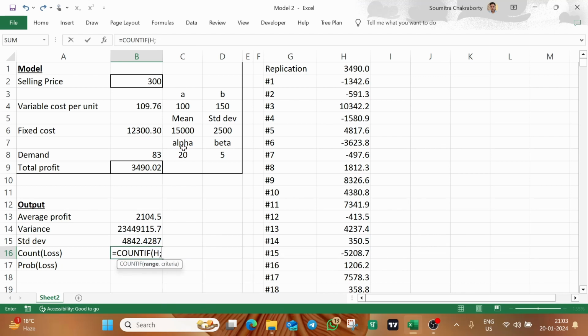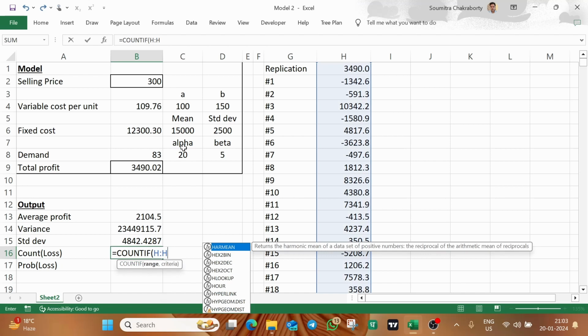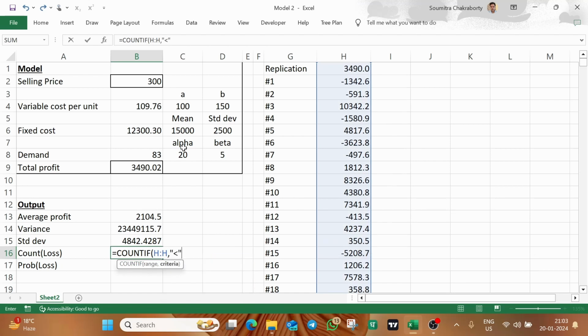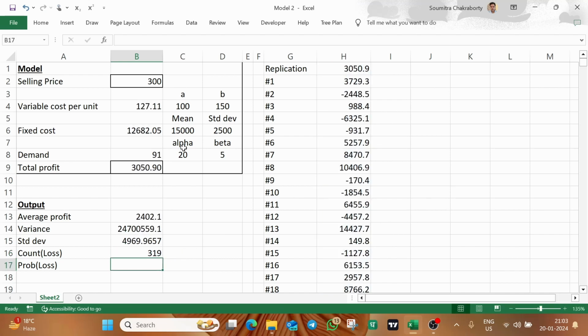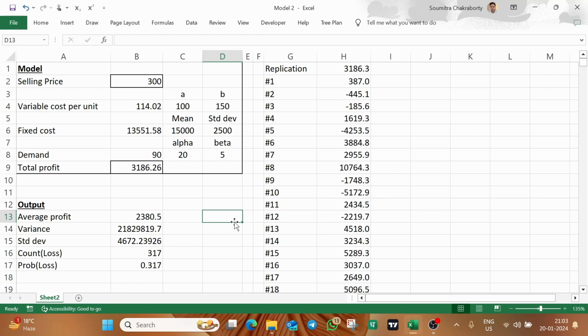For the range HH, then within quotes less than 0. I have explained this formula particularly in the previous video, so please go through that. So this is the COUNTIF. What it gives is the number of cases having a negative profit, that means the losses, and then if you just divide it by 1000, you get the probability.